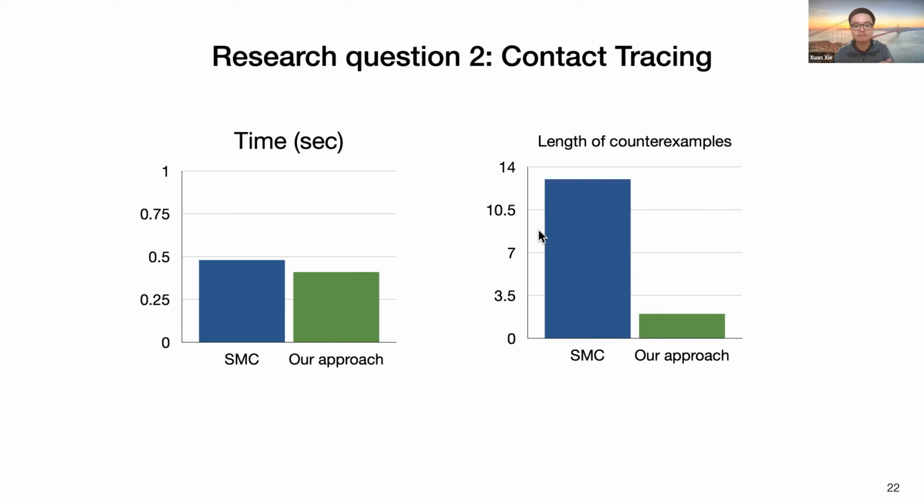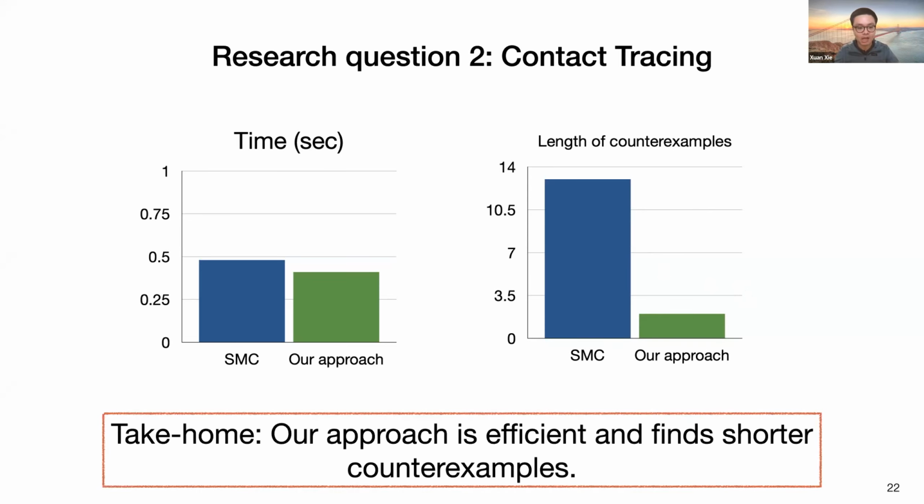Our approach also found smaller counterexamples in this case. Smaller counterexamples help in identifying the underlying error in the RNN, while long and random counterexamples provide much less insight. For instance, from the counterexample returned by our approach, we learned that the RNN overlooks certain edges in the trace and identifies wrong edges in the traces. The take-home point here is that our approach is efficient and can find smaller counterexamples.